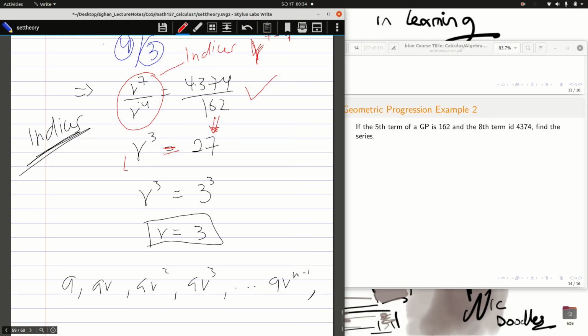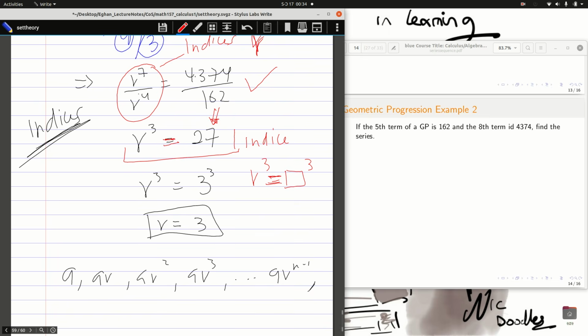Again, by indices in this section, because I want r, I need to find something such that if that is raised to the power 3, I can easily equate them. And funny enough, I have 27 is 3 to the power 3, and by comparing, I get r equals 3. Realize we've employed indices, we've employed polynomials, everything we've done in the previous lecture series.